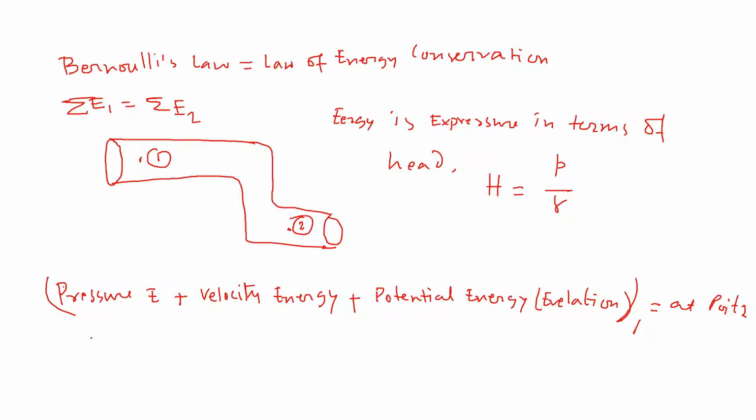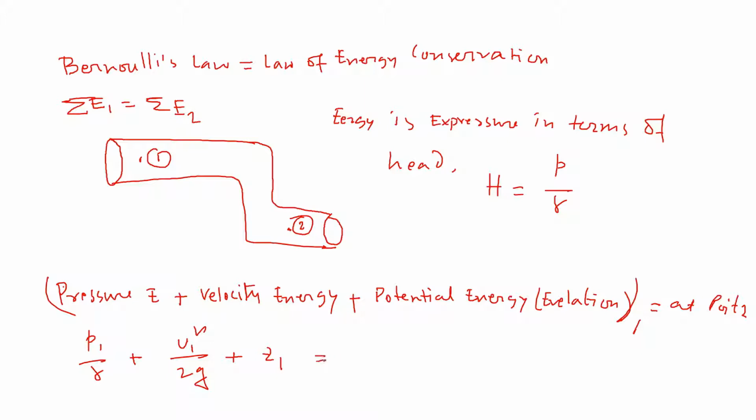So if we convert that, at point 1 we have P1 by gamma, velocity head written as V squared by 2g, and the potential energy written simply as the height or elevation Z1.